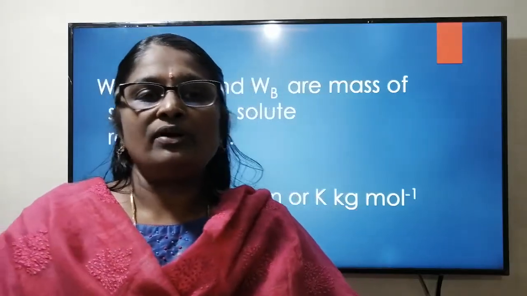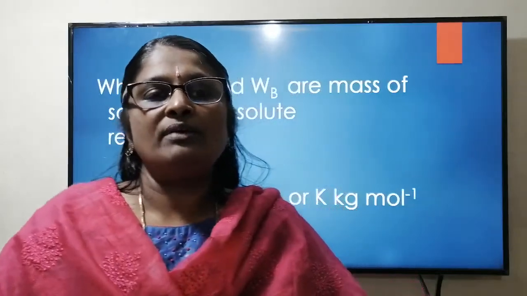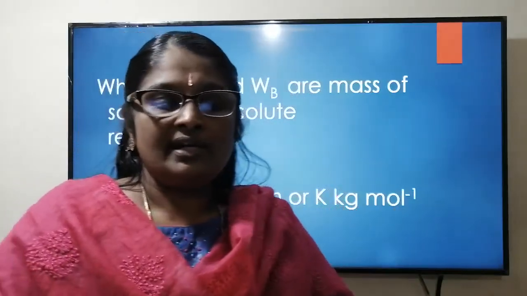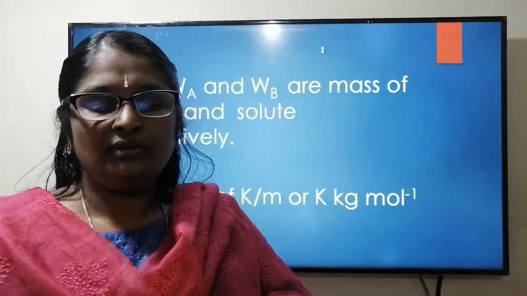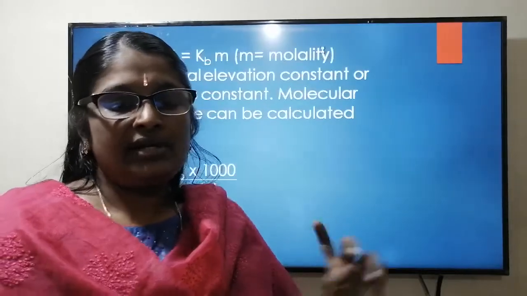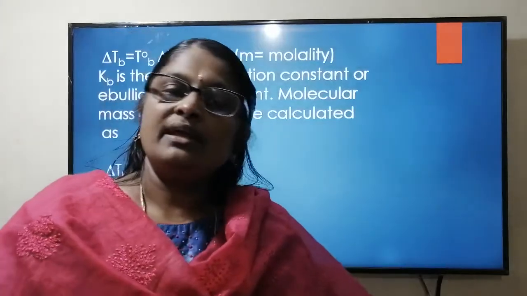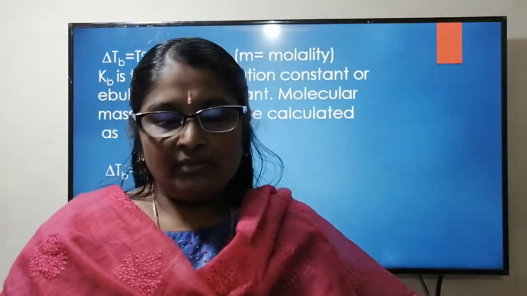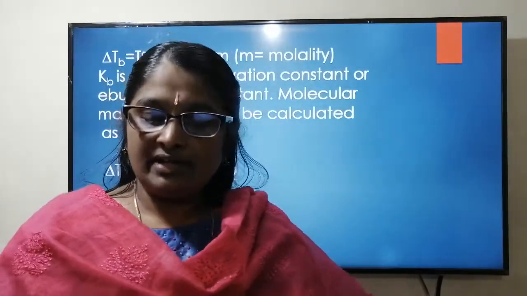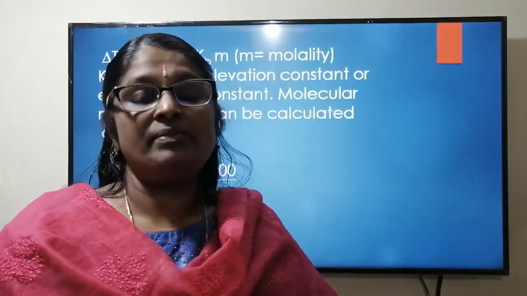Boiling point also increases, because vapor pressure decreases means boiling point increases; they are inversely related. For elevation in boiling point we arrived at the equation delta TB is equal to Kb into Wb into 1000 by Mb into Wa. That's also very important, where Kb is known as the molar elevation constant or ebullioscopic constant.